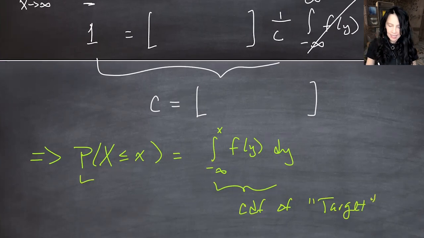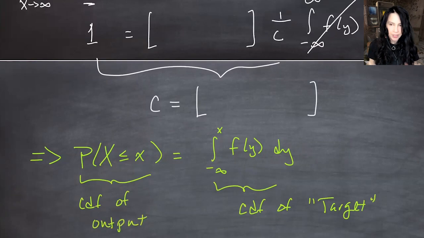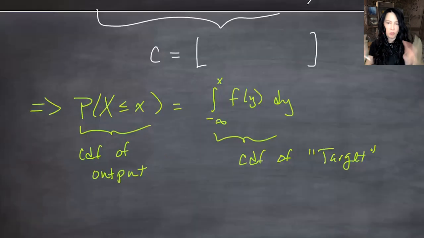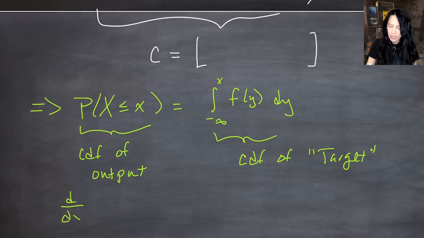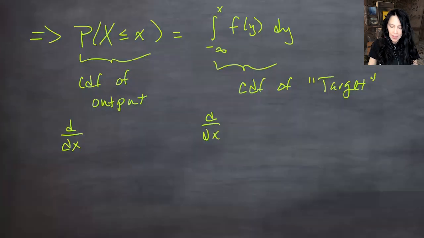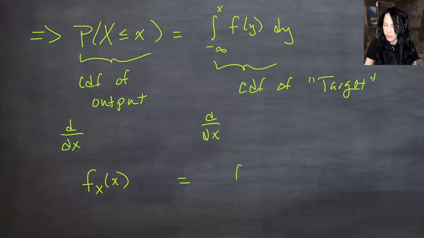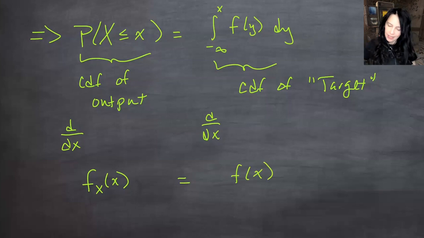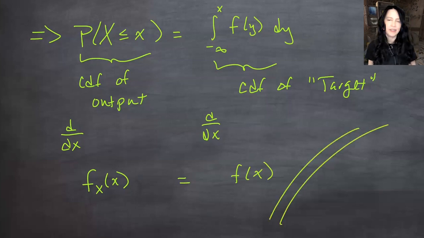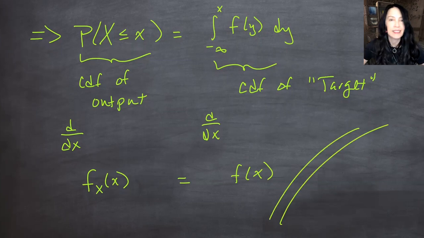And this is the CDF of the output of the algorithm. That's how we define X. So we're outputting from the target distribution. And if you prefer to think in terms of PDFs, you could take the derivative of both sides with respect to x, and you'll get the PDF for the output is equal to the original given target PDF, which is what we wanted to show. I get my 2 lines that I always put at the end of a proof. And yeah, we did it.